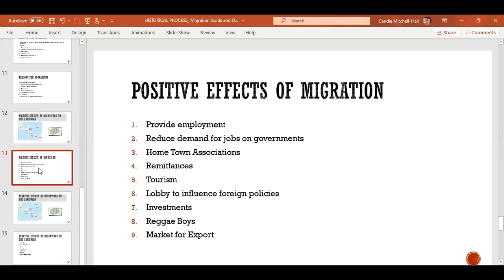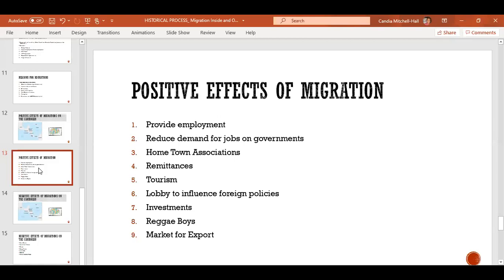If 15 people in your department migrate, that means there are job openings for 15 positions. So persons who are looking for a job can fill those positions, providing employment for people.